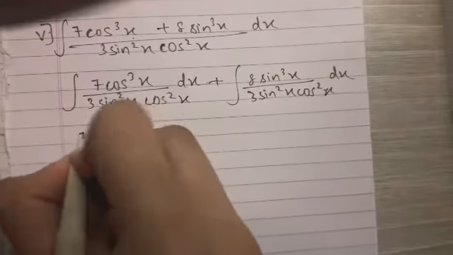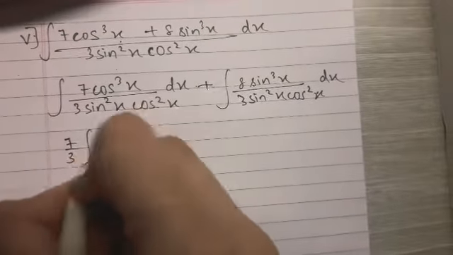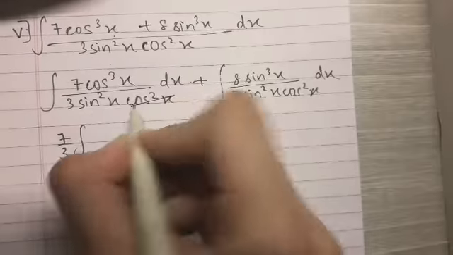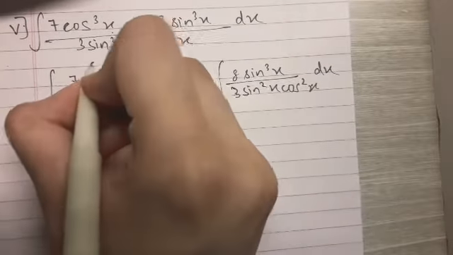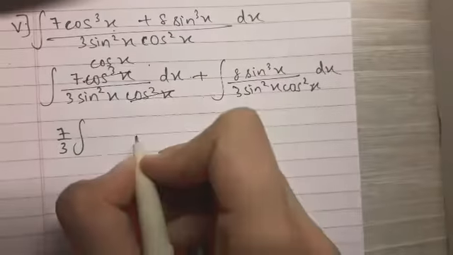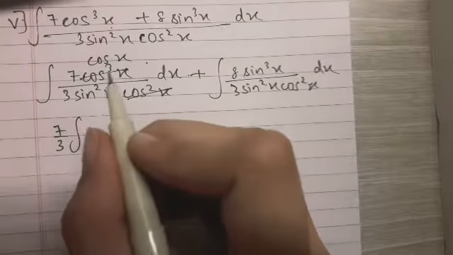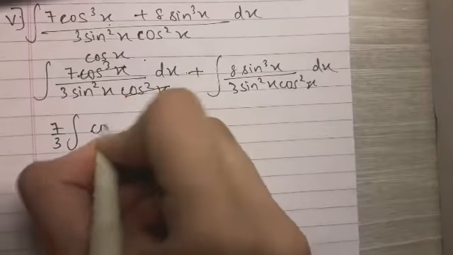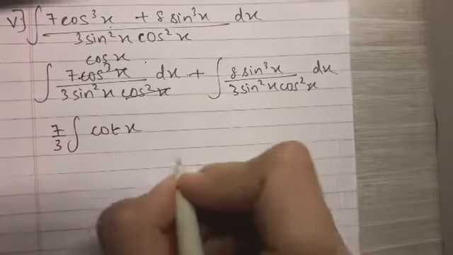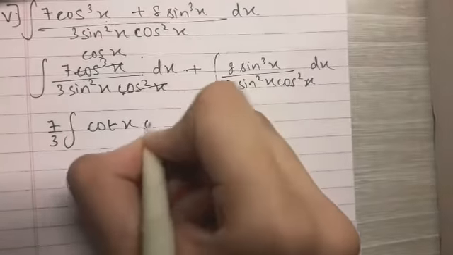Now we can go ahead and take the constants outside, and this will get cut, so we have cos x remaining. Now because it's cos x by sin square x, cos by sin becomes cot, and we have one more sine in the bottom that becomes cosec.